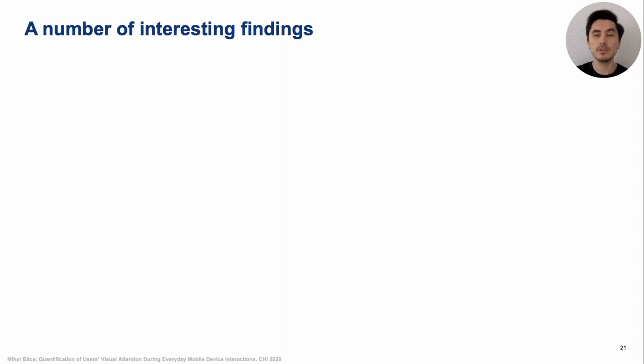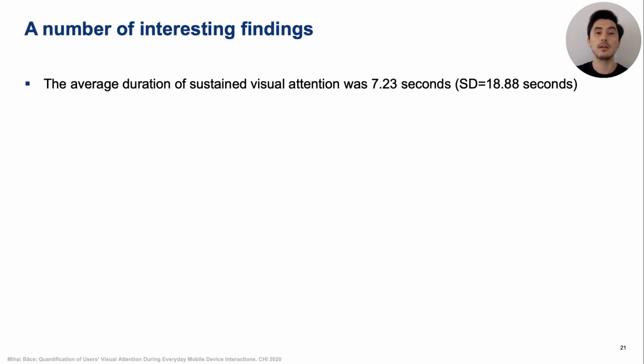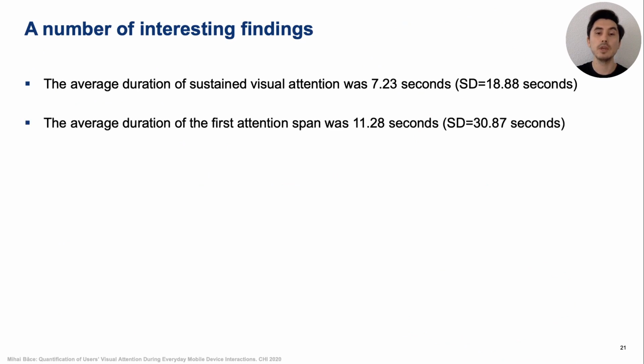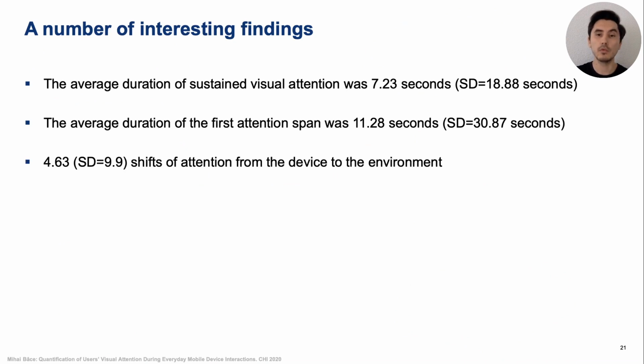From the visual attention metrics, we present a number of interesting findings. The average duration of sustained visual attention was around 7 seconds. The duration of the first attention span, which is the first segment after unlocking the device, was around 11 seconds. In a video recording, which corresponds to an interaction session, there were, on average, 4 to 5 shifts of attention towards the environment.